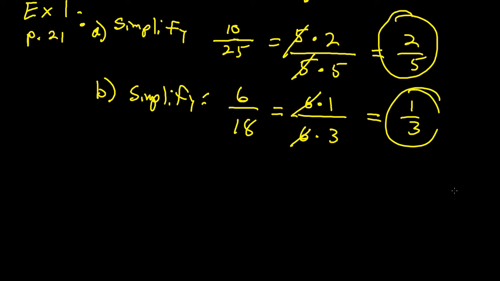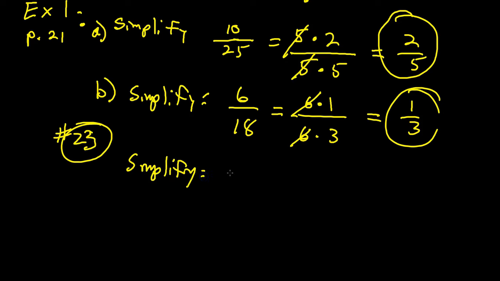Let's pick a homework problem. This is number 23 from the homework list. All right, exercise 23, again, simplify the following fraction, 10/15. Well, very similar to part A that we did above. 10 and 15, the greatest common factor is, of course, 5 again. 10 is 5 times 2.